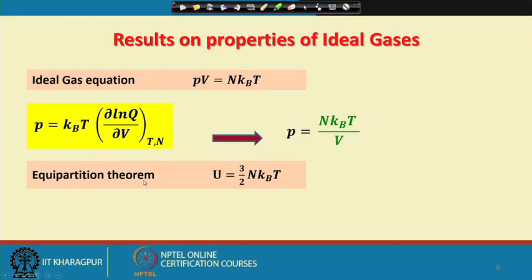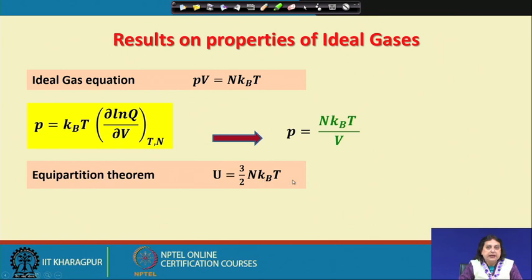The equipartition theorem tells you that the internal energy of the system is 3 by 2 nkT at a given temperature T, or in other words, as proposed by Joule's law, the internal energy of an ideal gas is a function of temperature and temperature only. Now, let us see if we can reproduce this property from our formulation.